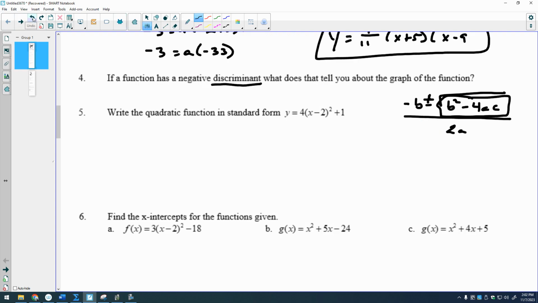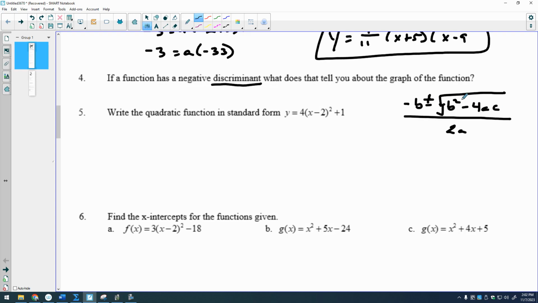Why does it matter? Because if this underneath the radical is negative, then I'm going to get an i in my answer. And I'm going to get two answers, the plus and the minus, of whatever this term comes out to be. So if my b squared minus 4ac, my discriminant, is negative, I have two solutions, and they are imaginary.